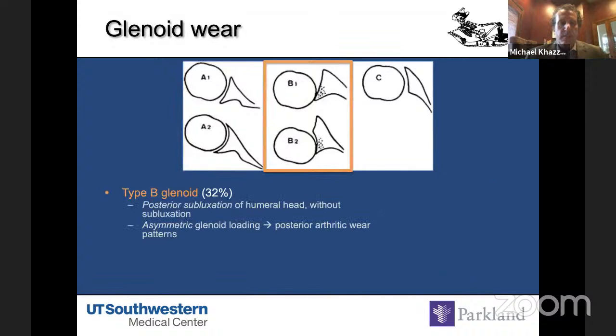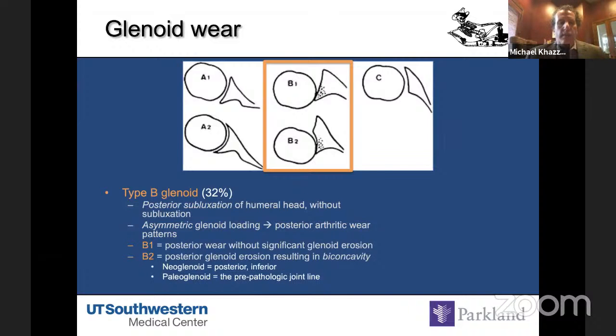The B types, you can have posterior humeral head subluxation without erosion, which then results in asymmetric loading of the glenoid, and then you get posterior glenoid wear. And this original classification from 1999 started with just B1 and B2.